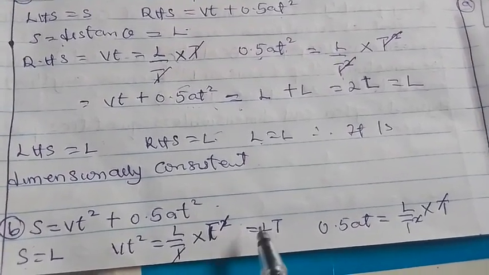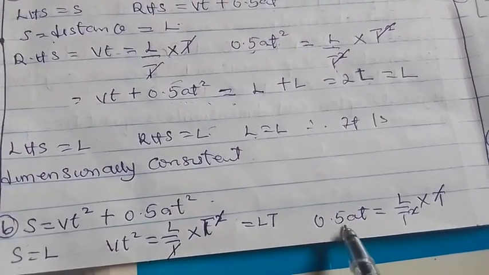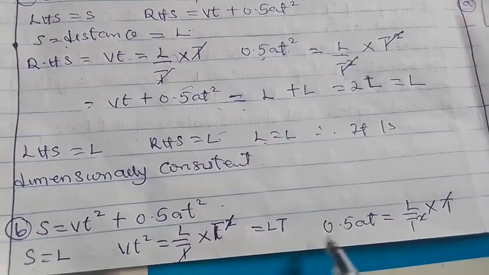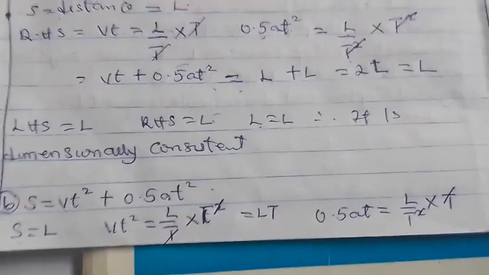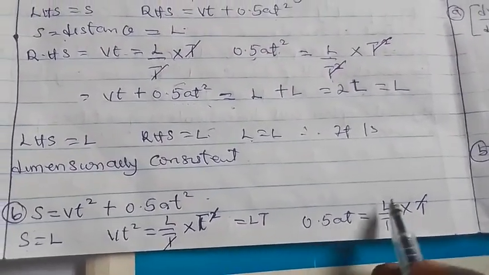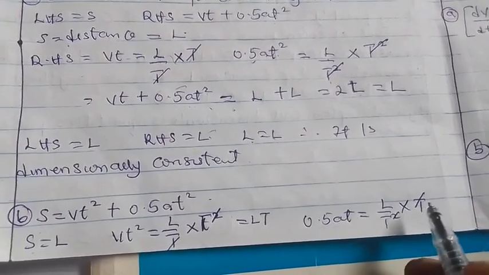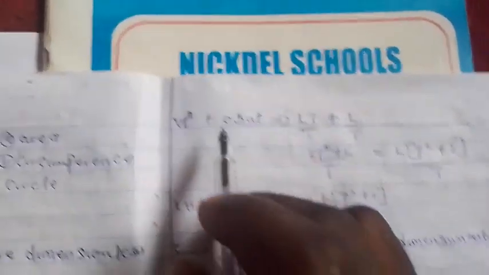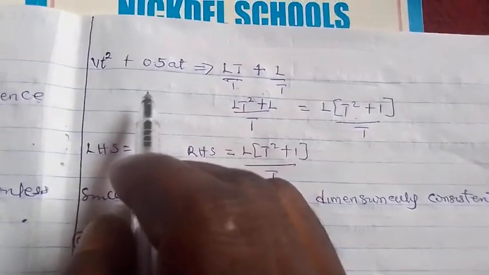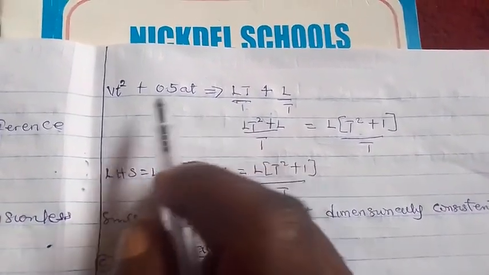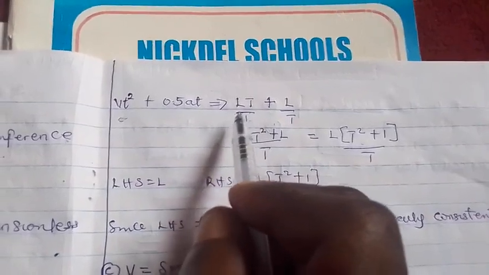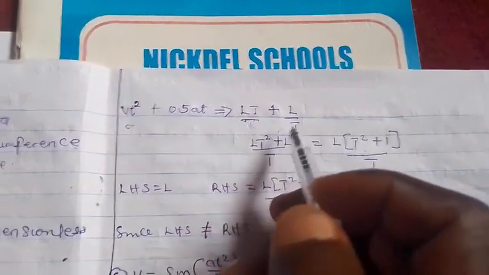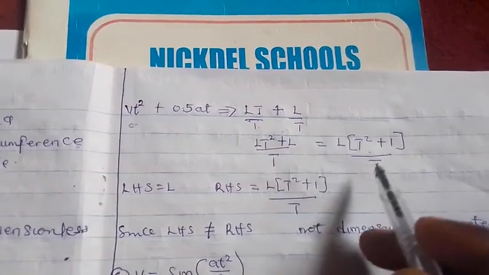So T cancels T, you are left with LT here. 0.5 is dimensionless, it is a number, so you are left with at. And a there is L over T square, and t there is T, so you are left with L over T. So the right hand side becomes LT plus L over T. If we find the LCM here, you have this.